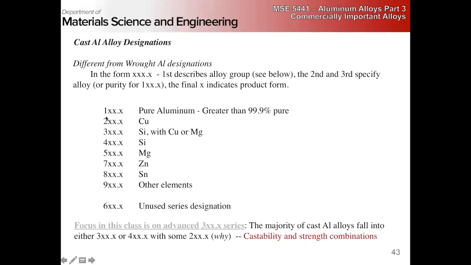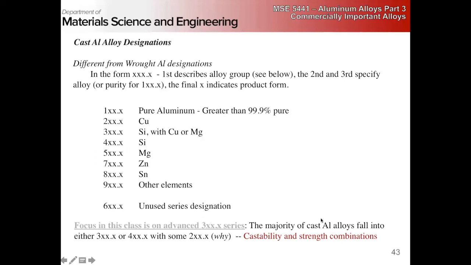So pure aluminum, copper, silicon with copper and magnesium, silicon, magnesium, zinc, tin, other. 6,000 is unused. Most of the advanced alloys are 3,000, aluminum silicon with additions of copper and magnesium.